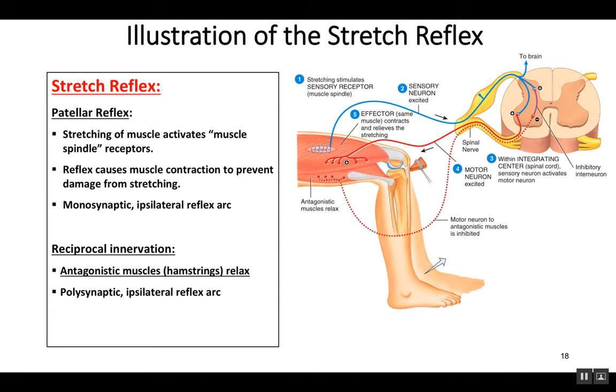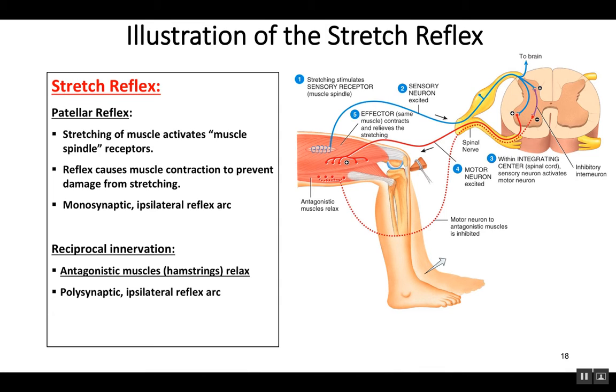Most of your muscles have this ability. So when you're walking, when you're moving, when you're exercising, your muscles are always conscious of overstretching. They do not want to overstretch. So as a result of initial stretching, that muscle, in order to prevent further stretching, contracts.